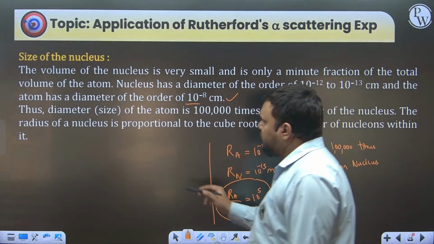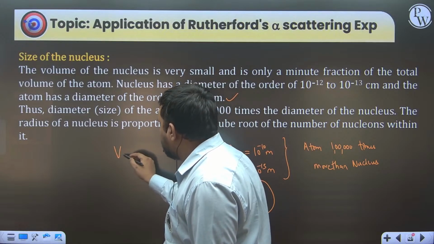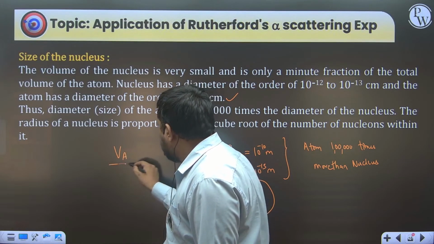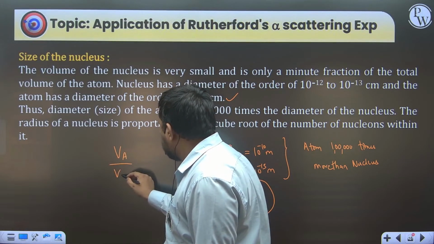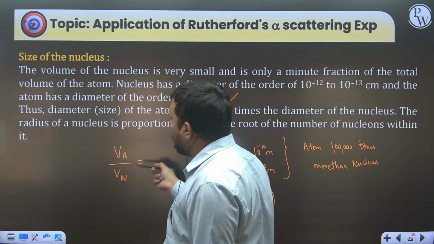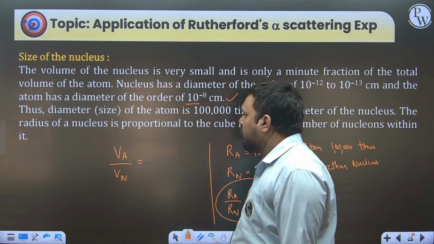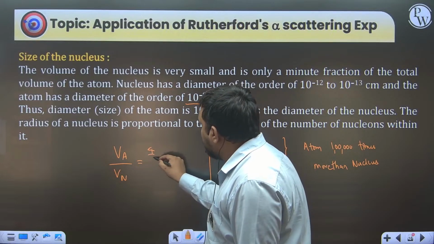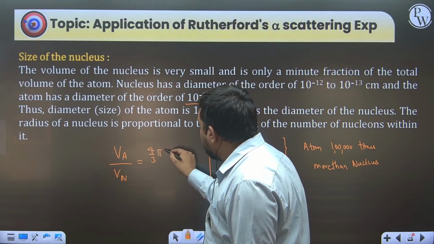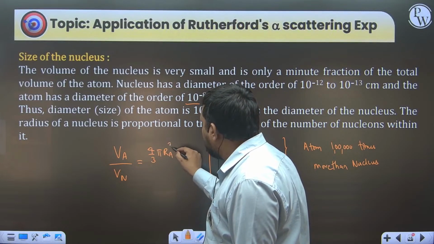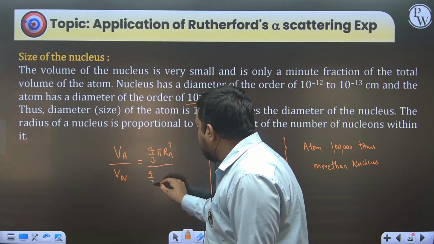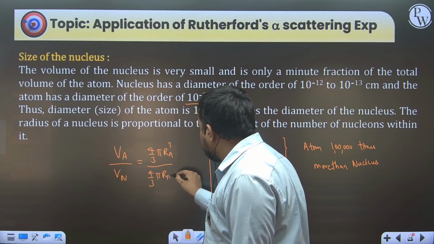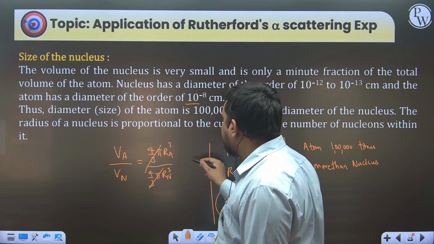If they are asking us what will be the volume ratio, volume of the atom upon volume of the nucleus, we already know the volume of the sphere is 4 by 3 pi r cube. So 4 by 3 pi radius of atom cube upon 4 by 3 pi radius of nucleus cube. 4 by 3 pi cancel over here.